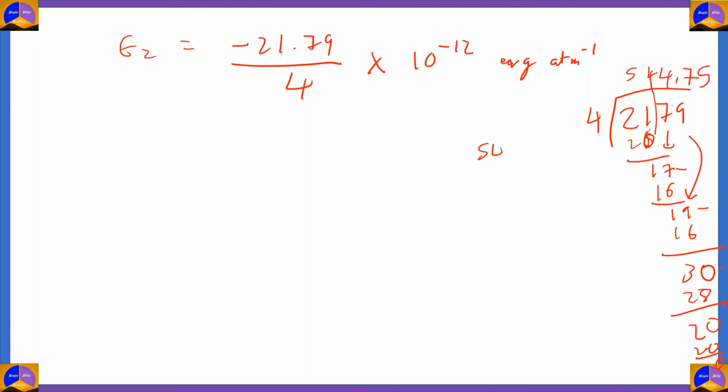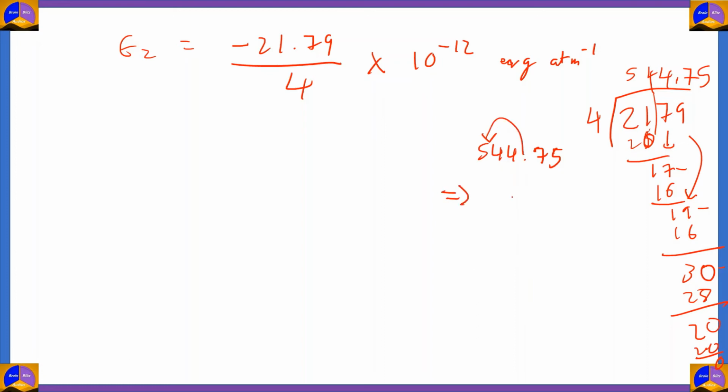So we have 544.75. But that is when the quantity is 2179. Over here, the quantity is 21.79. So basically, you have to pull this decimal point 2 steps to the left, right here.